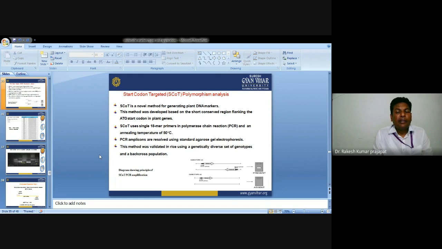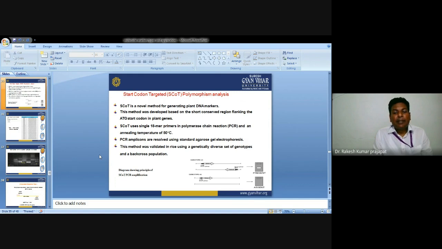This method was developed based on the short conserved region flanking the ATG start codon of plant genes.